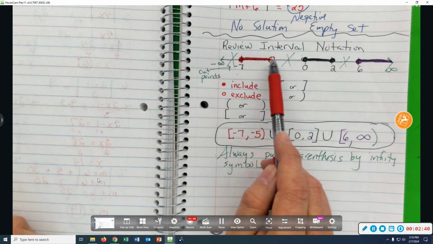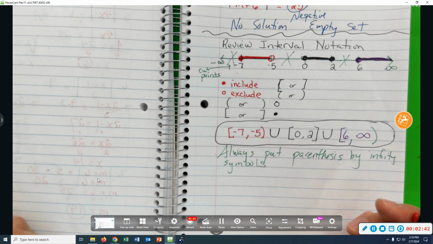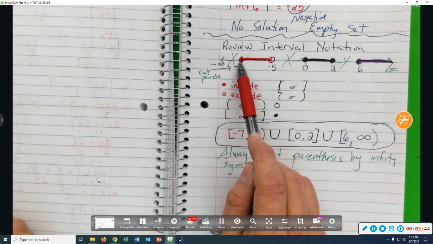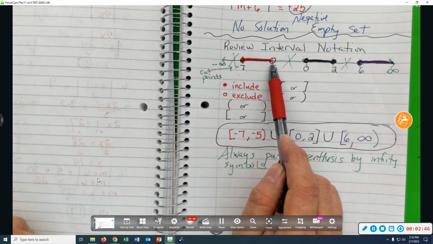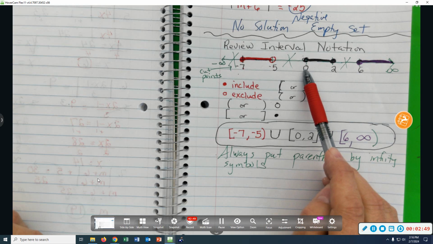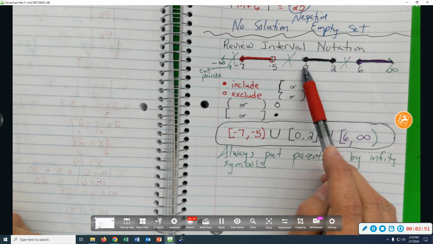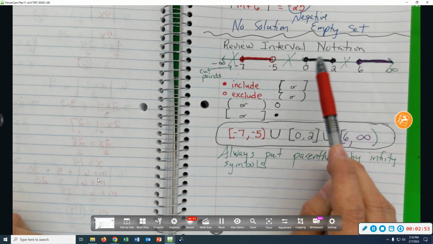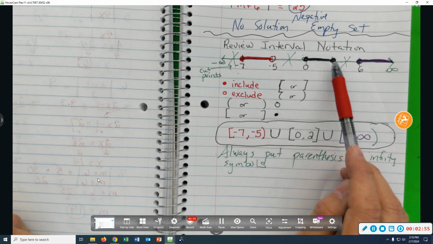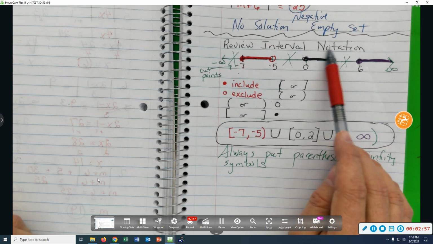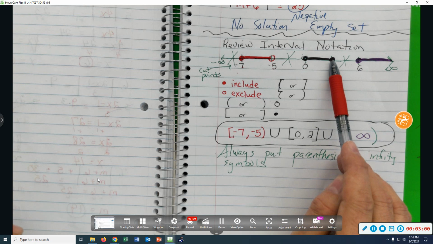So the red numbers would be everything between -7 and -5, including -7, but not including -5. The black interval, all the numbers between 0 and 2, including both of those. This is called a closed interval because both of the circles are closed.